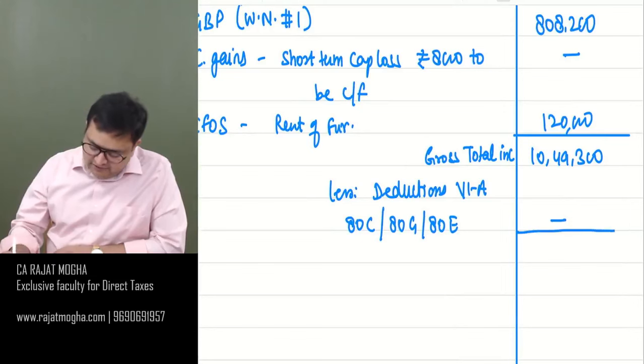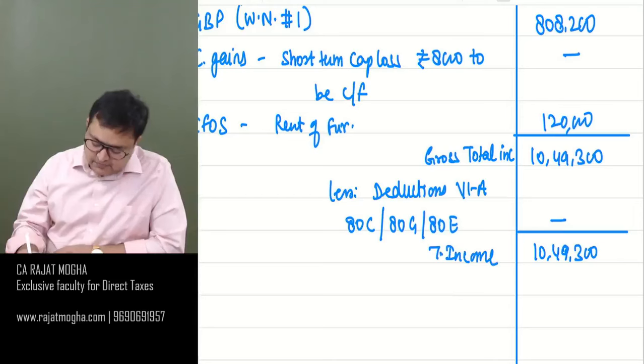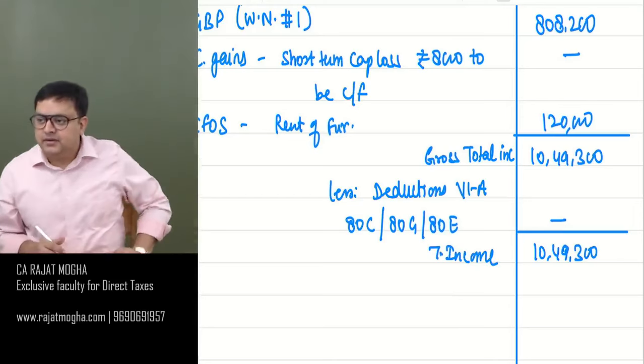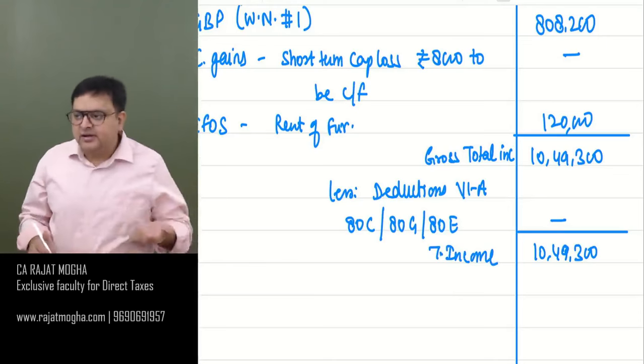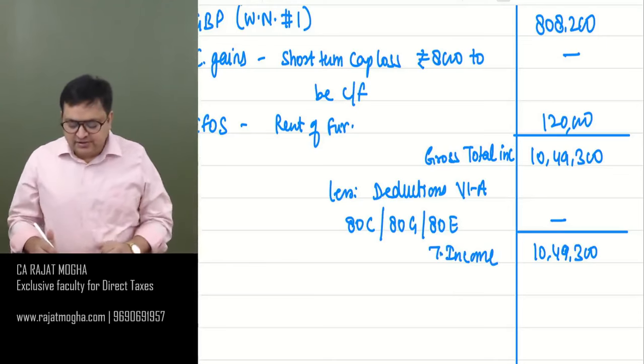So my total income would be 10,49,300. 80C is there, 80G is there, 80E is there, but they are not allowed in the default regime. So 10,49,300 is my total income.